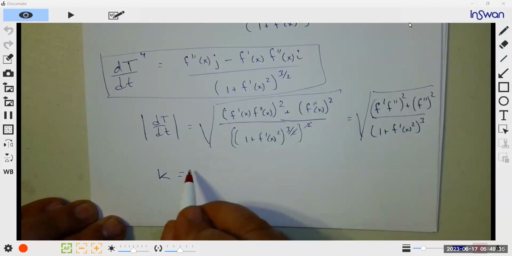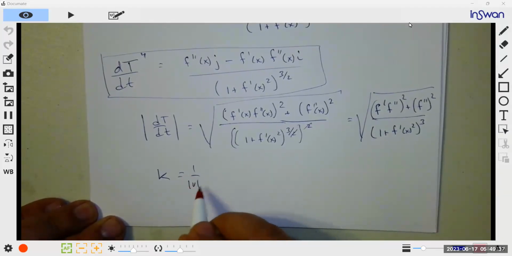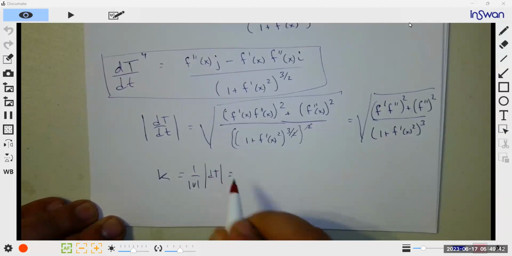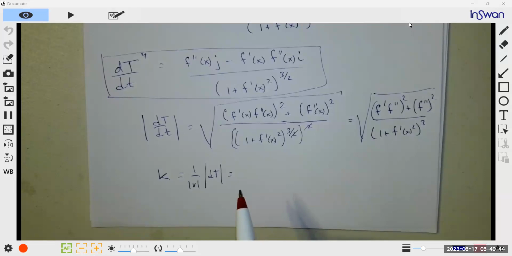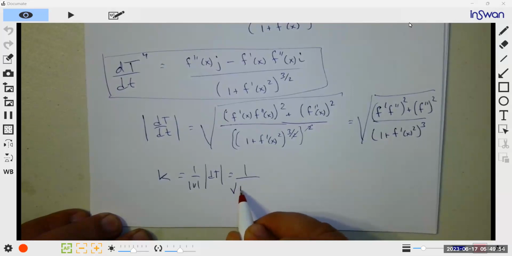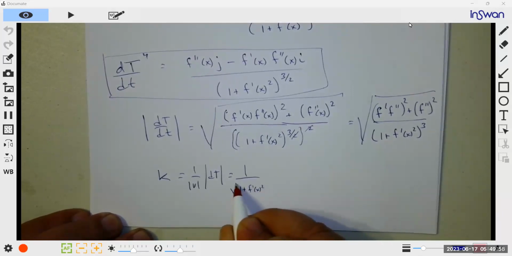All right, so kappa is 1 over the magnitude of v times the magnitude of dT/ds. The magnitude of v is radical 1 plus f prime of x squared.